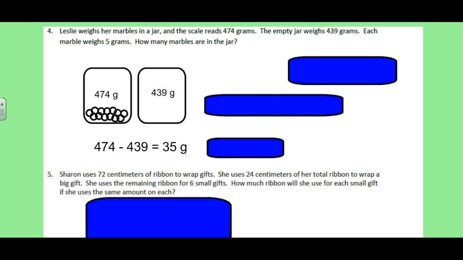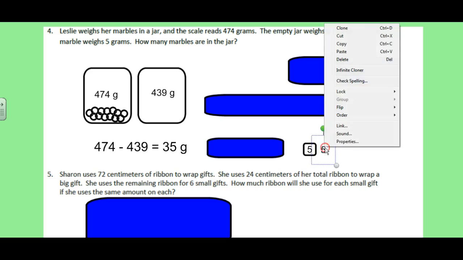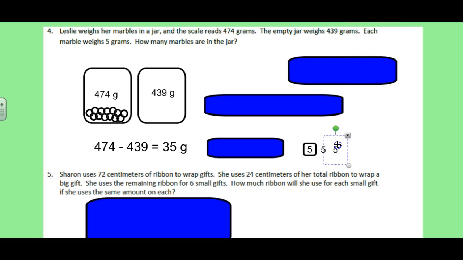Well, if I'm thinking of a picture, I'm going to say, okay, this right here is a marble, and I know that this marble is 5 grams because it told me that in the problem. I have got to keep adding marbles until I have 35 grams total. So if I keep adding marbles, I'm going to add another 5, I'm going to add another 5.